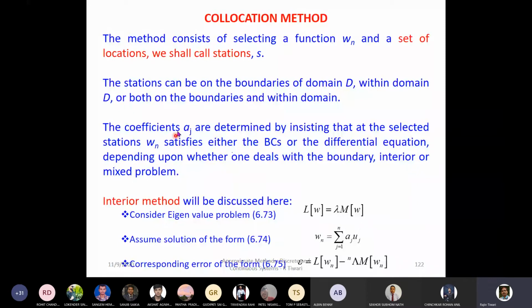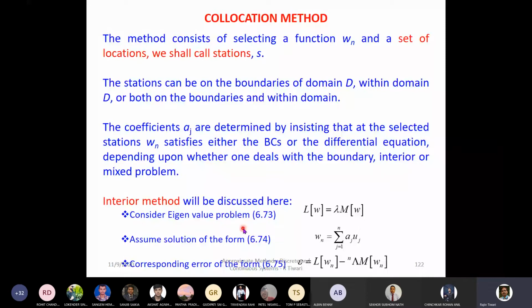And here again, the coefficient which we multiply in the series form is determined by insisting that the selected function satisfy either the boundary condition or the differential equation, depending upon which method, boundary or interior or mixed problem, we have chosen. So here I am illustrating the interior method only.